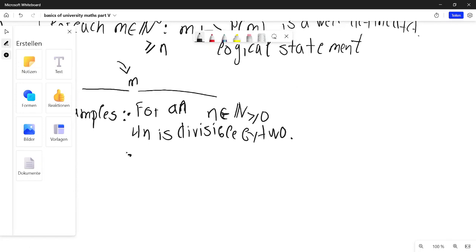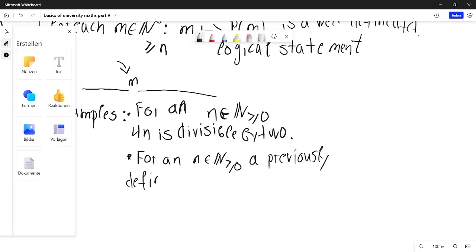But I want to cover also other cases, and those cases would be something like, for an n previously defined, and that is just, we are, for example, in a proof and there's something previously defined like that.